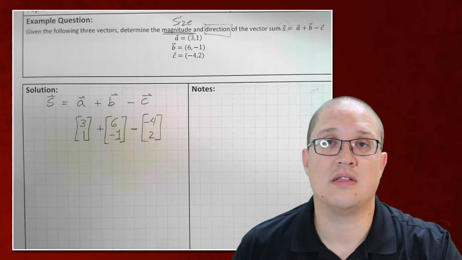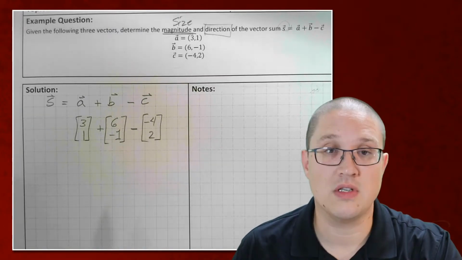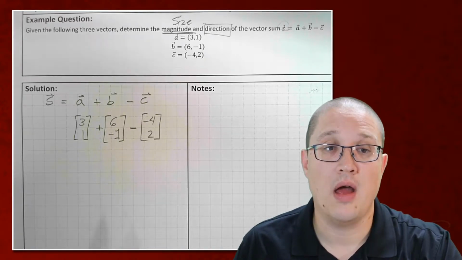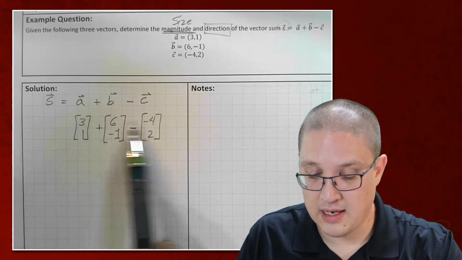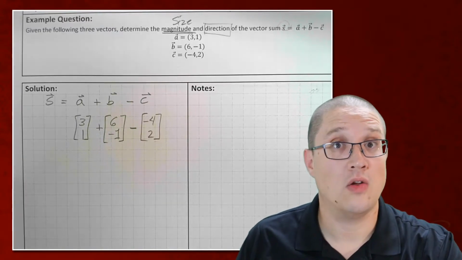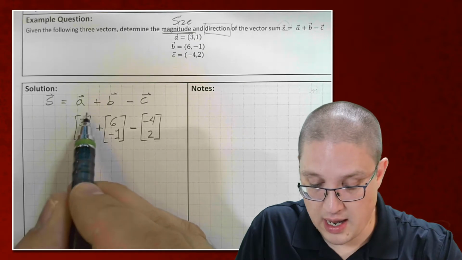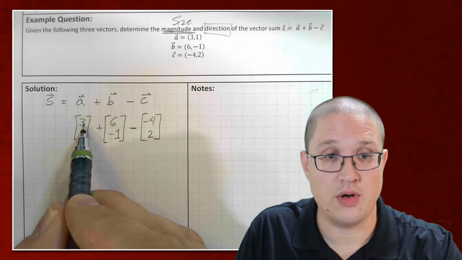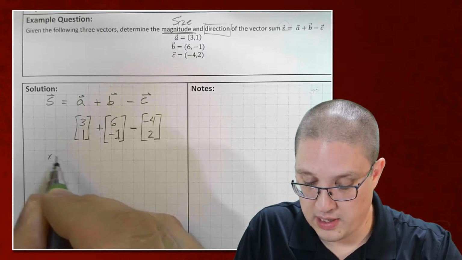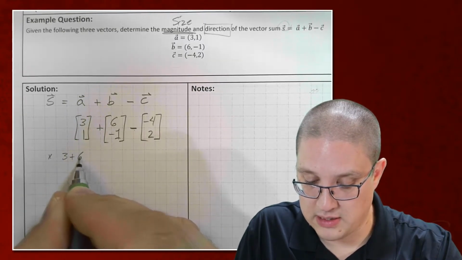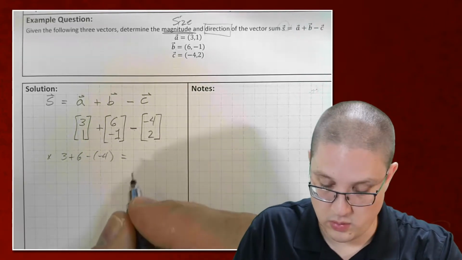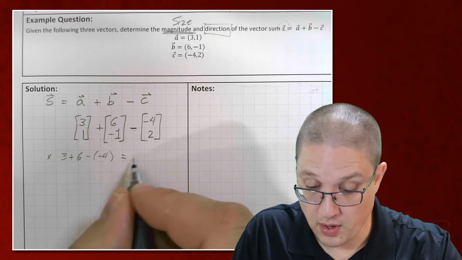Now looking at this may seem a little bit strange or confusing, but this is called component notation, and we can just add and subtract them. All we need to do is add and subtract the x and the y components separately. Pretty straightforward. To find my x component here, I'm going to go 3 plus 6 minus negative 4. And that is going to work out to 13.